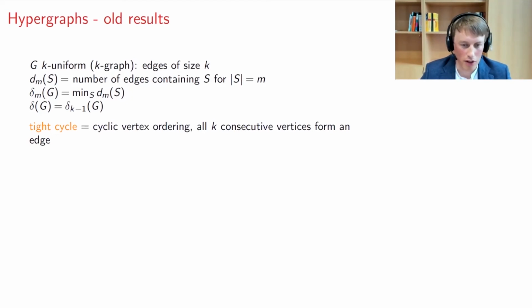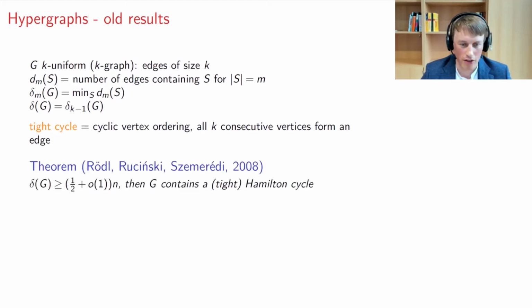A very classical theorem by now is the analog of Dirac's theorem for the minimum k-1 degree, which ranges between 0 and n-1, or n-k+1. If you have there n/2 at least, plus a little bit, then you have a Hamilton cycle.